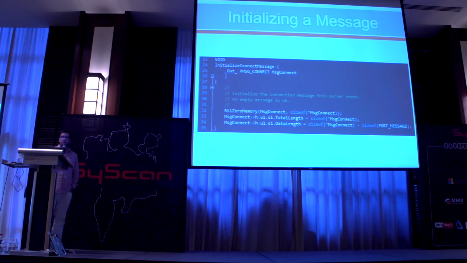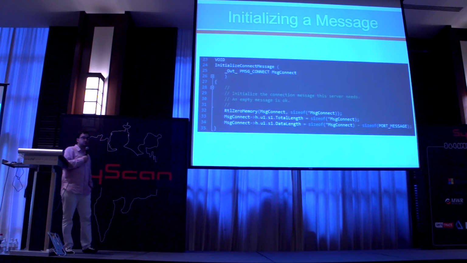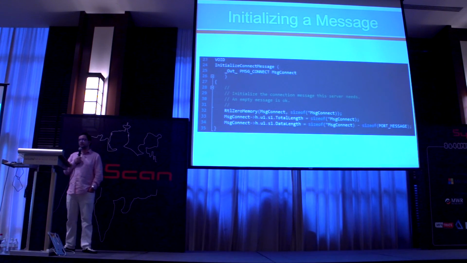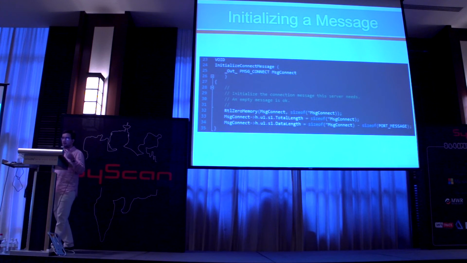The next thing I want to do is initialize some sort of connection message. So let's say I have an ALPC server that needs me to actually send a message when I connect. Well, as I mentioned, even the simplest ALPC message has to have this port header. And that port header basically has the length of the message that's being sent. It has the length of the message including the message header and the length of the message excluding the message header.